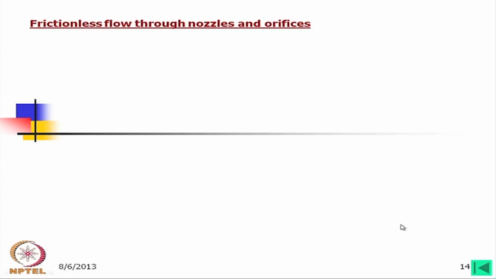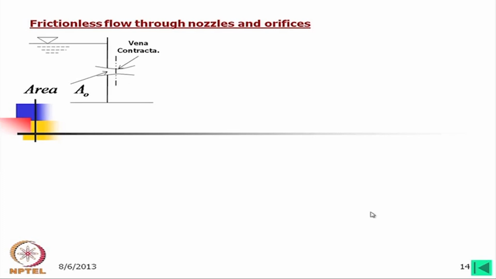Now, we consider frictionless flow through nozzles and orifices. Here we have considered again a vessel or large reservoir, where we have a small hole which is an orifice.